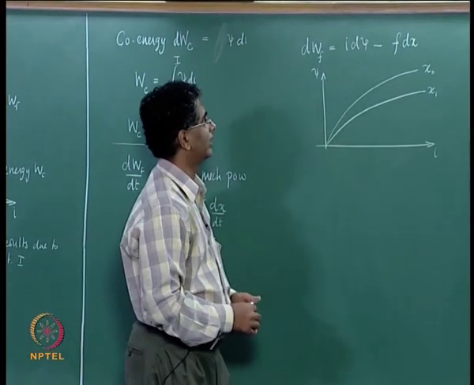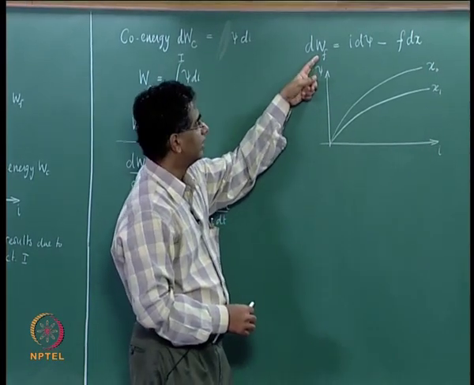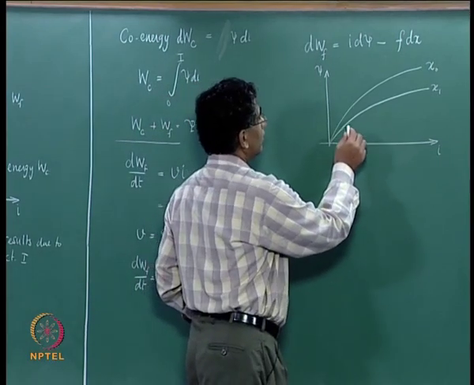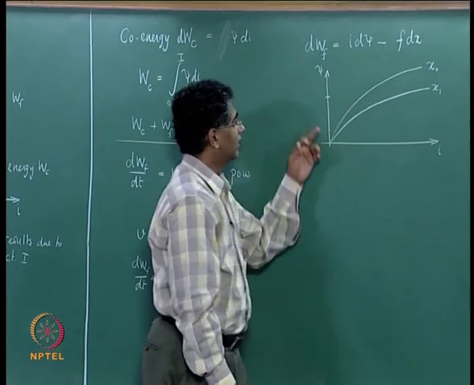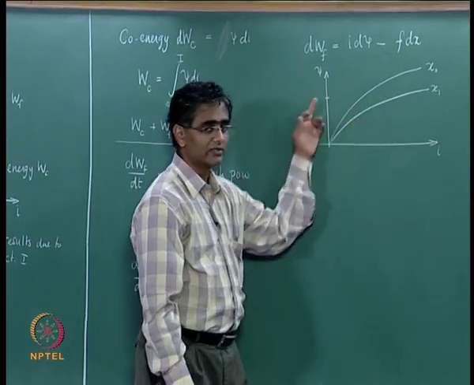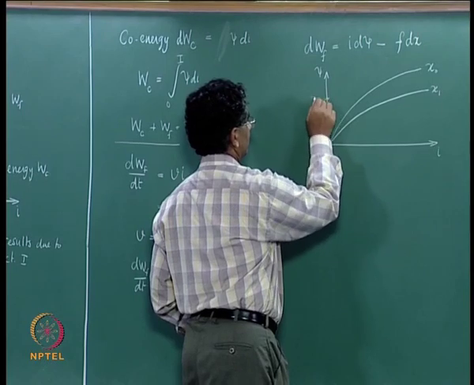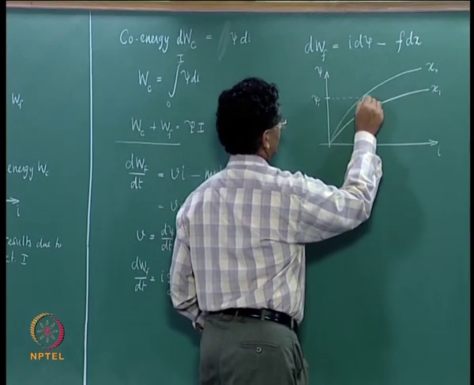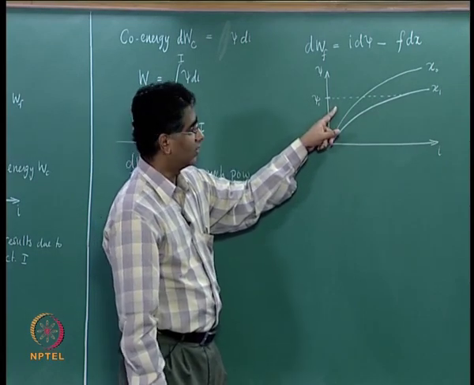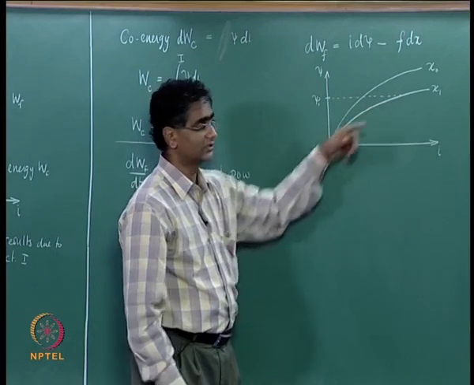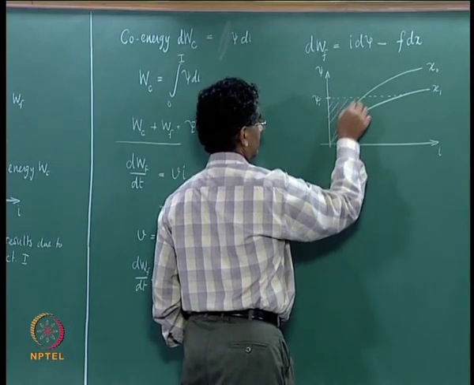Essentially we are saying then that the energy in the field depends not only on how much flux linkage is there, because it represents the area above this curve. So for a given flux linkage, let us call that psi 1, the area above the curve obviously now depends upon where the curve is. If it is this curve, then you are talking about this area.